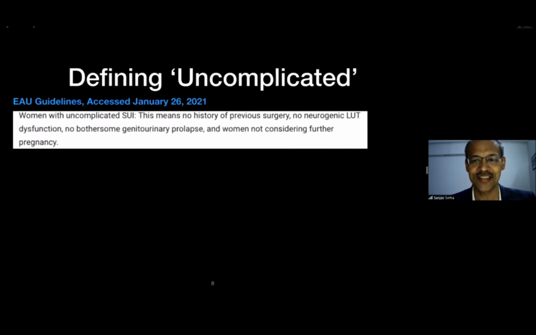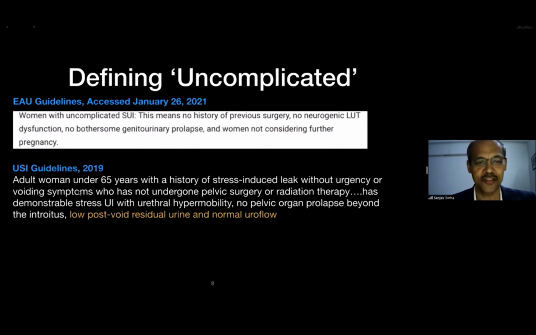That's it. Look at the USI definition. It's a far more arduous definition. There's a far more detailed definition, a lot more additional things here, especially two things additional in the guideline definition: a low post-void residual and a requirement for having scrutinized the uroflow. And we'll come to this in a moment.